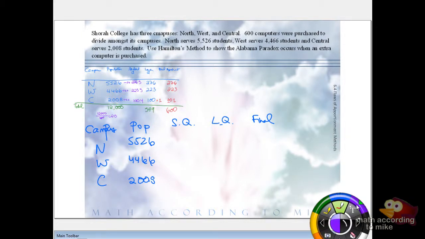North, west. Okay. So off to the side here, we're going to do 12,000 divided by 601. What is this at 2 decimal places?